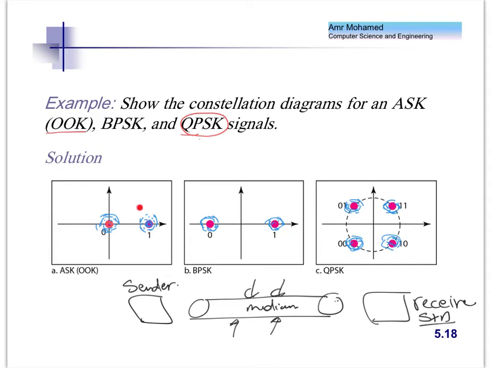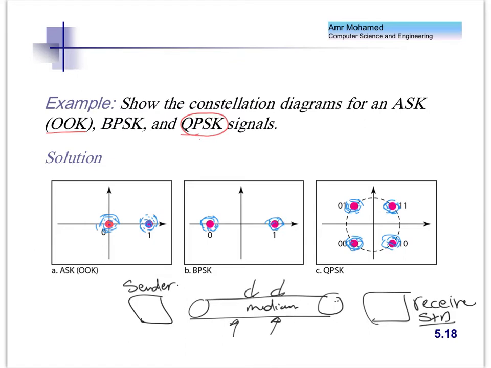That's why we've been telling you that for ASK, because we use only the amplitude and only one degree of freedom, which is the x-axis, these clusters tend to have a short distance between each other. So these clusters may easily overlap, in which case you will receive a signal and interpret the 1 as 0 or the 0 as 1. So the probability of error increases, right?